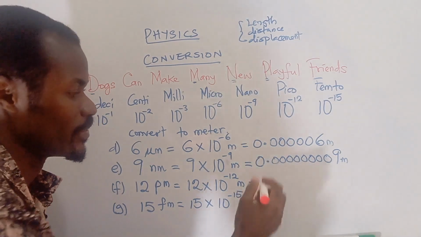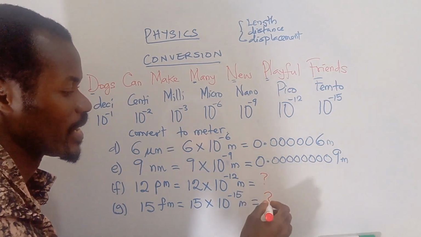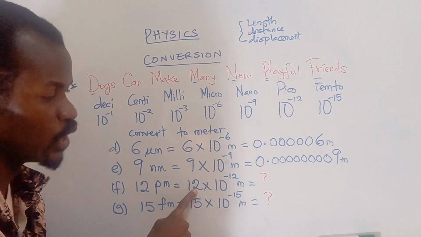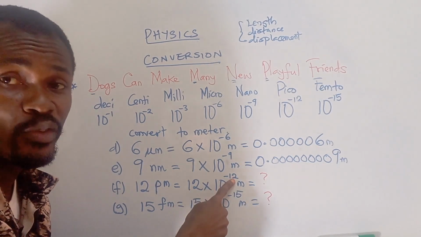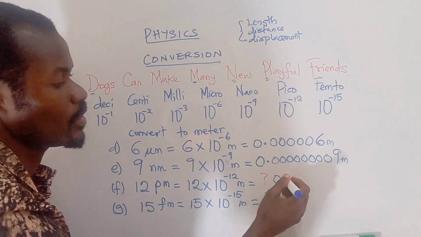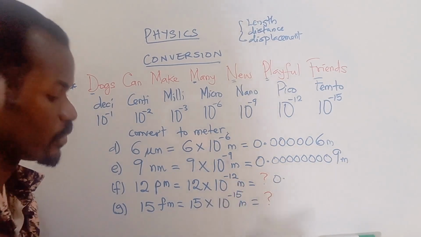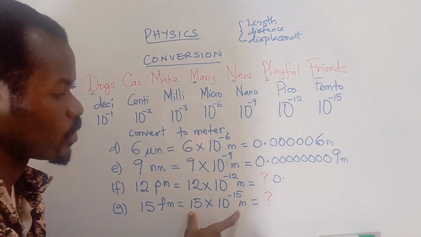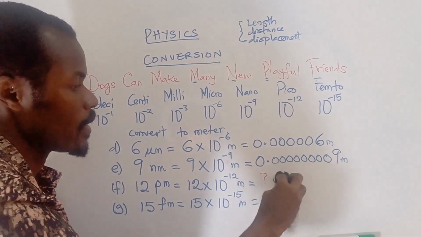I would like you to try this yourself, and also try this yourself. Remember, for the first one, since we have 2 digits, if you remove 2 from this, what is it? 10. So when you write your 0 point, you are going to put how many zeros? 10 zeros before this. I would like you to also do this one.